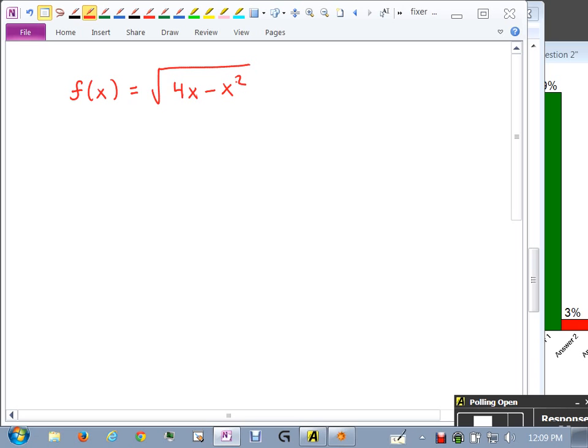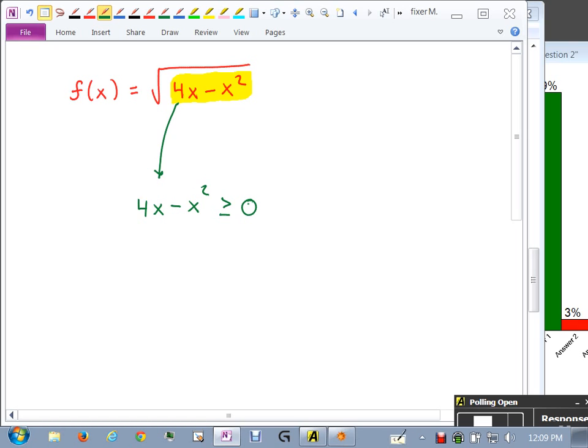So do you remember what we said when we had square roots and we talked about domains? This under here, which we called the radicand, had to be greater than or equal to 0. So that meant we took this radicand and we wrote it like this. This radicand has to be greater than or equal to 0, right?